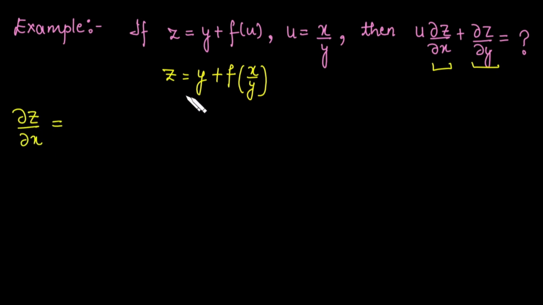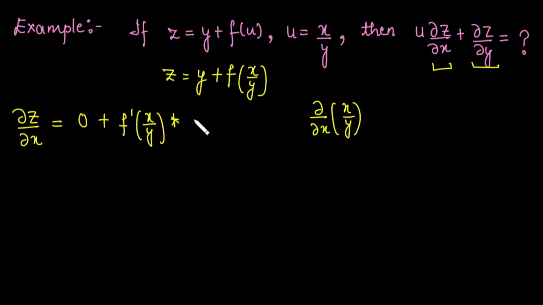The derivative of this term with respect to x is 0 plus, in this case it involves the x variable. First we will take the derivative of the function times the derivative of the internal term with respect to x, and its derivative is 1 by y because y is constant.